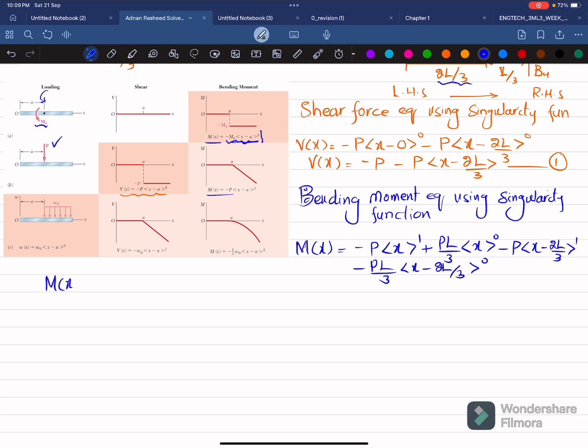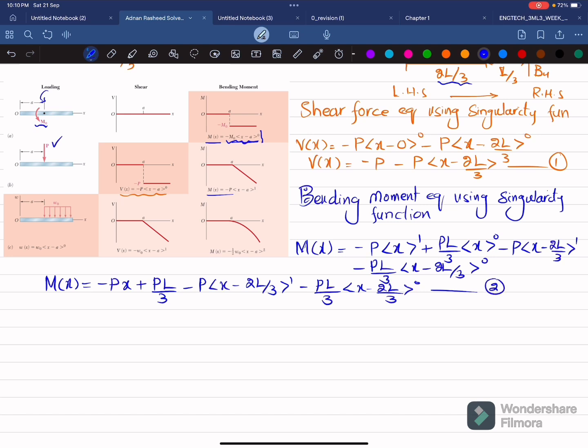Moment about x is equal to minus P into x plus PL over 3, because x power 0 is 1, and this term will be minus P into x minus 2L over 3 power 1 minus P into L over 3 into x minus 2L by 3 power 0.